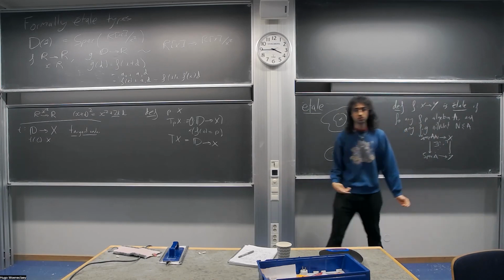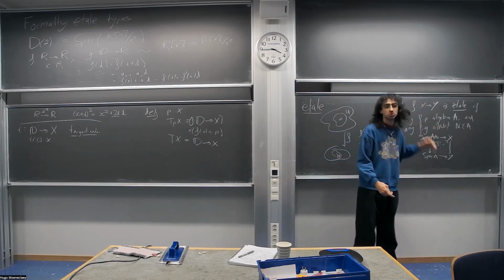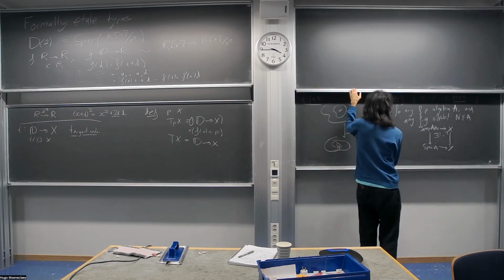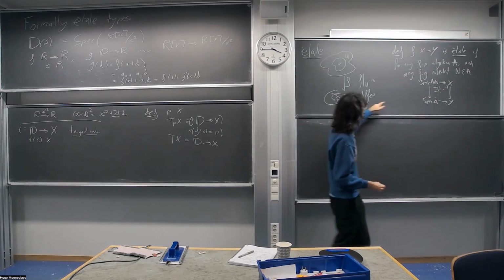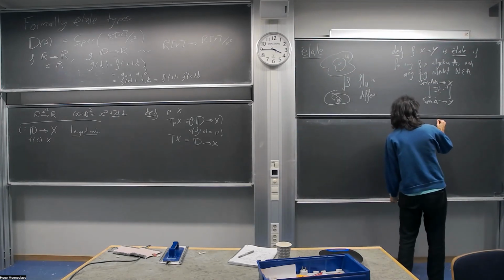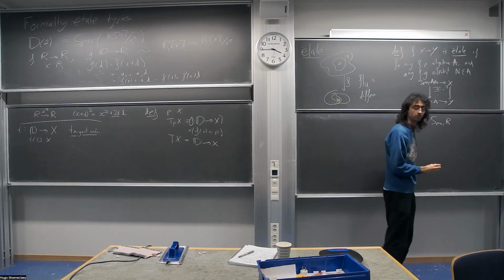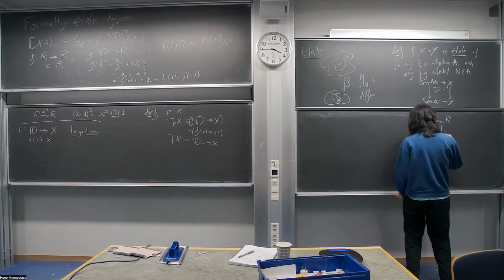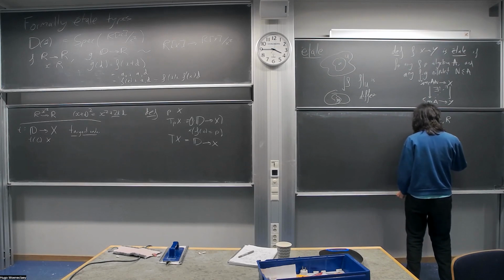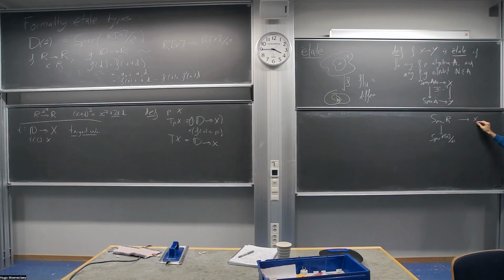So we can think about a special case. If I take spec R, which is just a point, and spec R[x]/(x^2), and then a square like this.